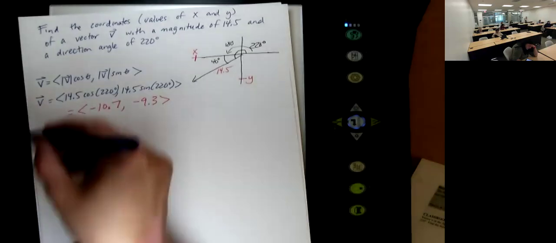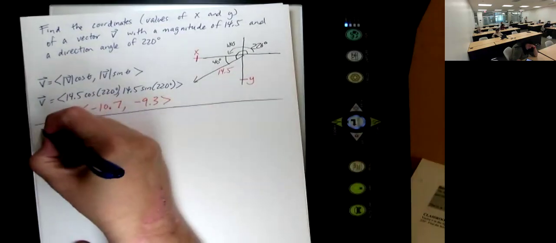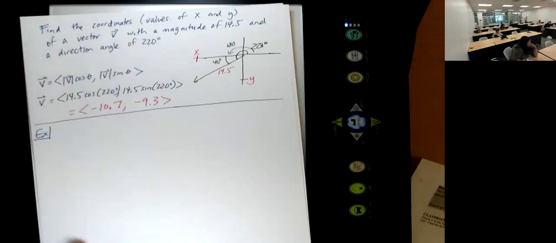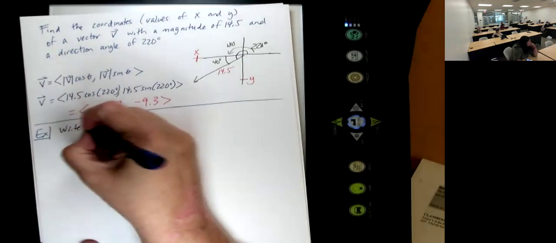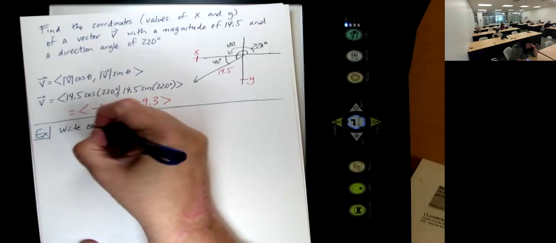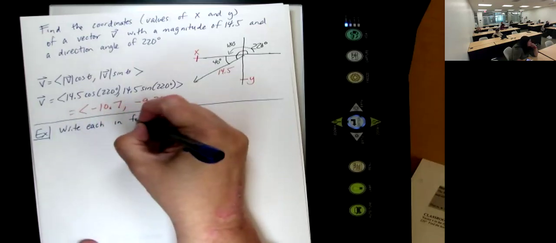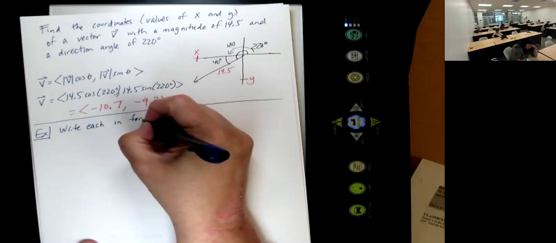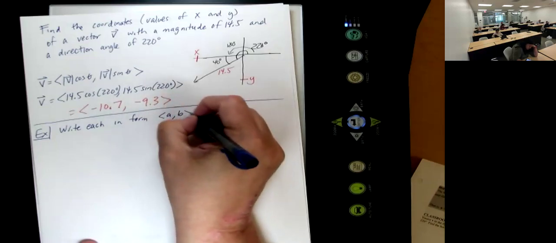Now, we can take a break, but I'm gonna give you some examples to work on for when you get back and you're ready. Go over them when you're done. Write each in the form (a, b).